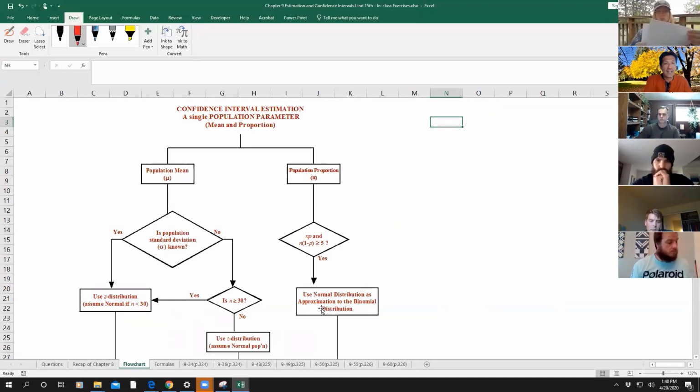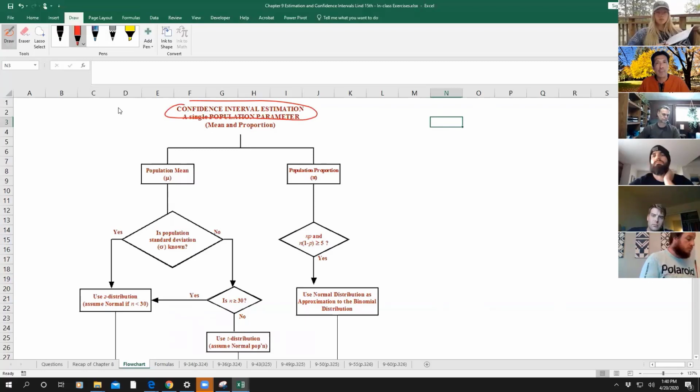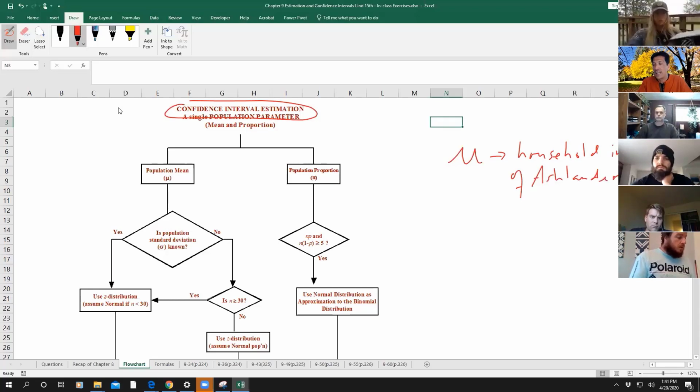Note that this chapter involves computing confidence interval estimates for an unknown population parameter. In other words, let's say that you are doing a market study of, say, the city of Ashland, and an important statistic that you need is the actual average household income of the folks living in Ashland.